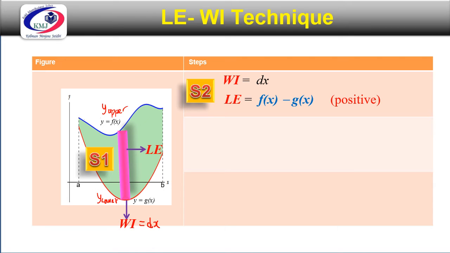In this case, the y upper is f(x) and the y lower is g(x). So we use the function f(x) minus g(x). This is our length. Make sure that we always use the upper value subtract the lower value in order to get a positive value.